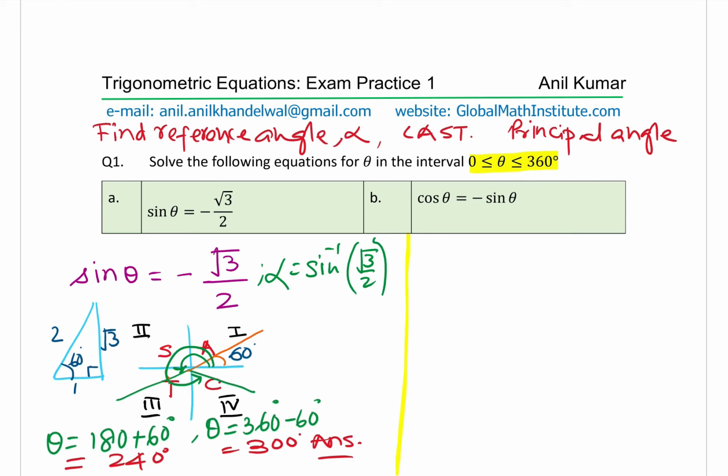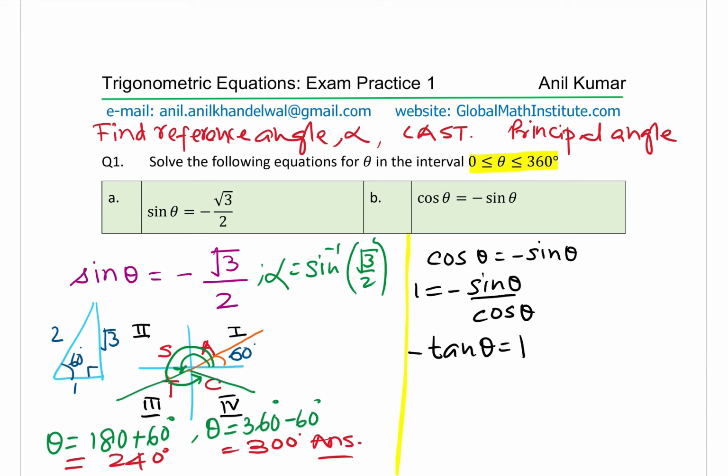The next question here is cos theta equals minus sine theta. Now, with cos and sine, we could divide both sides by cos, and say 1 equals minus sine theta over cos theta, or you can say minus tan theta equals 1, or directly also you could have written tan theta equals minus 1.